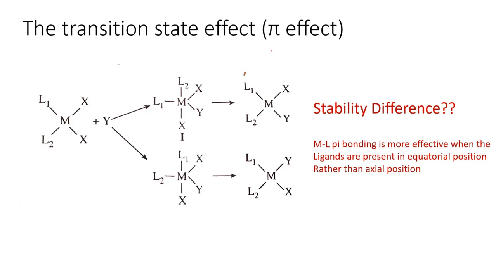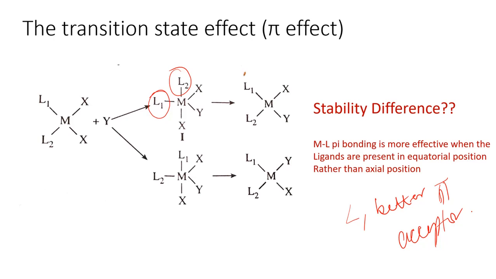Suppose we are differentiating between L1 and L2, and say for example L1 is a better pi acceptor. Then definitely L1 would prefer the equatorial position rather than the axial position, right?